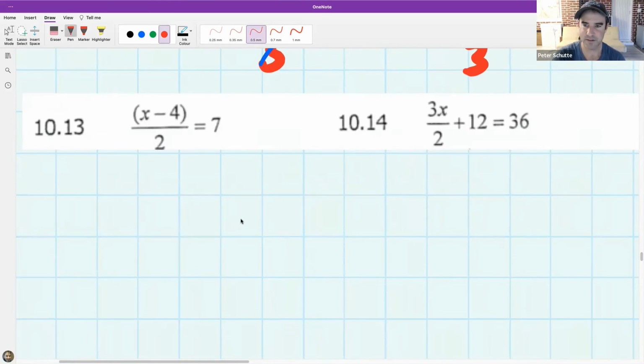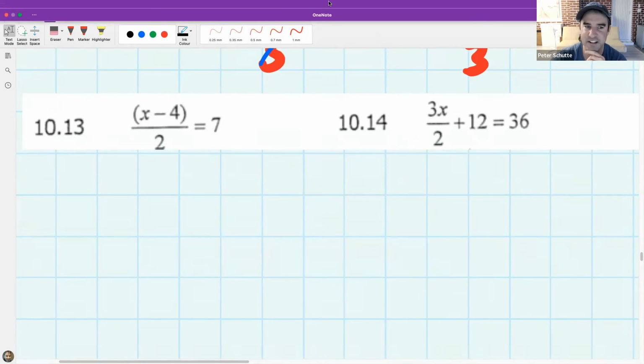Let's do this, my people. I believe in all of you. So the goal is to solve the equation. And all I'm going to say is use inverse processes and do the same thing to both sides. 10.13 is the minimum, but if you're feeling on fire today, then give 10.14 a go as well.